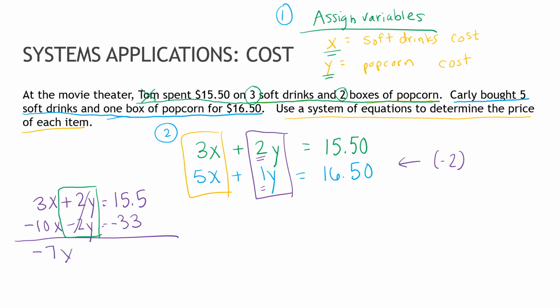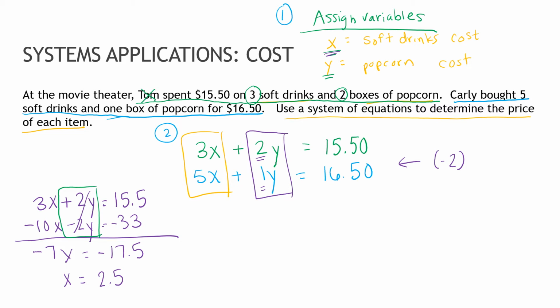My y's cancel. And then if I combine -33 and 15.5, I get -17.5. If I divide each side by -7, I get +2.5. So keep in mind that that will, at the end, end up being a price, because that's what x is.